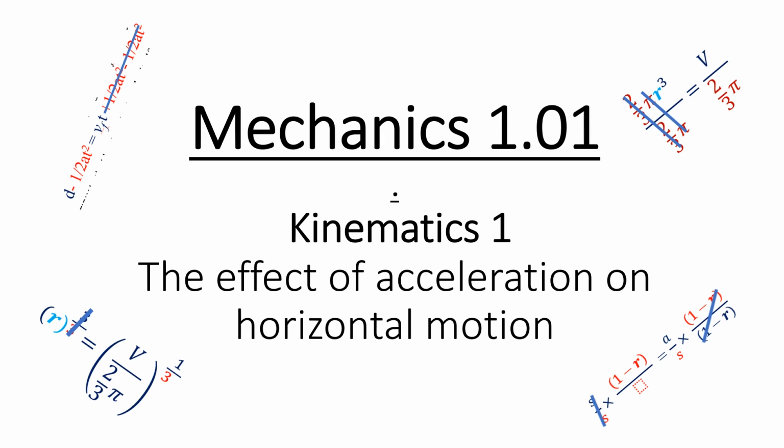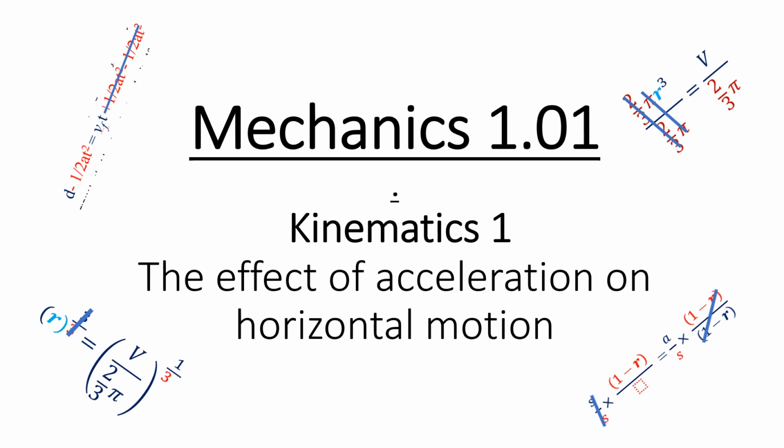In this video, we're going to talk about one of the most fundamental aspects of mechanics, which is modeling the motion of objects with constant acceleration. And we're going to start by just looking at motion in a straight line.